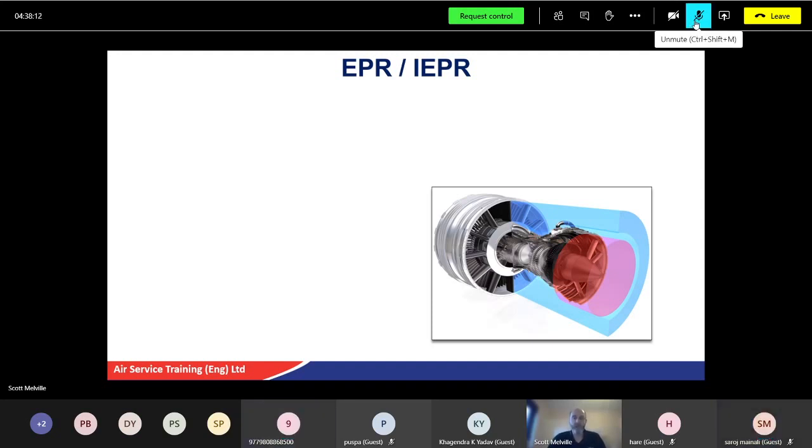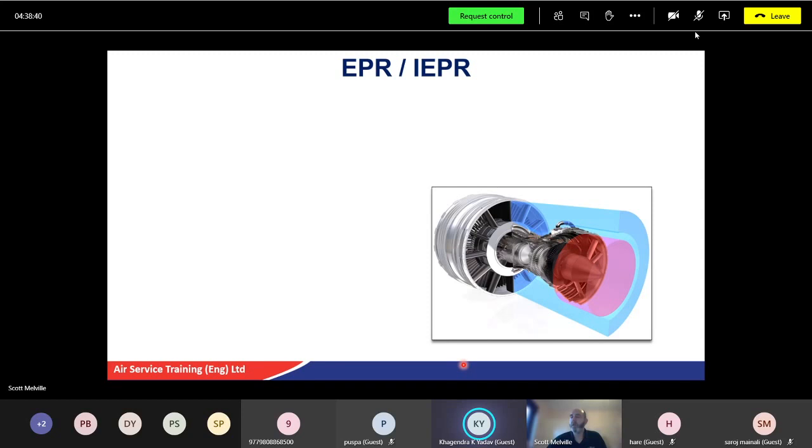We covered this yesterday. Engine pressure ratio is the ratio between the exhaust and the inlet pressure. Integrated engine pressure ratio is the pressure between the different shaft, or different spool.